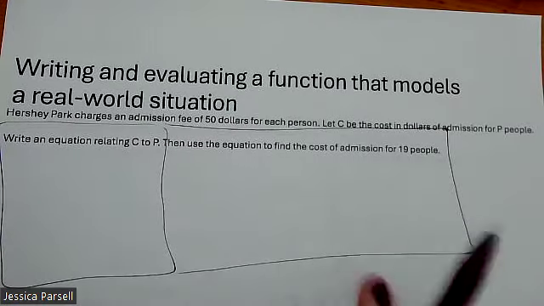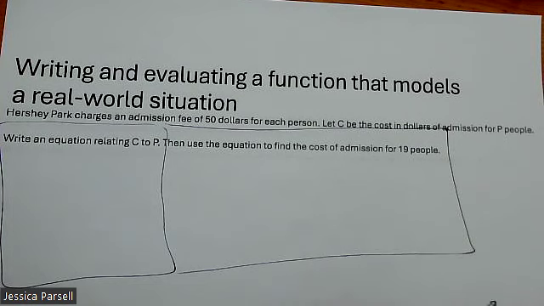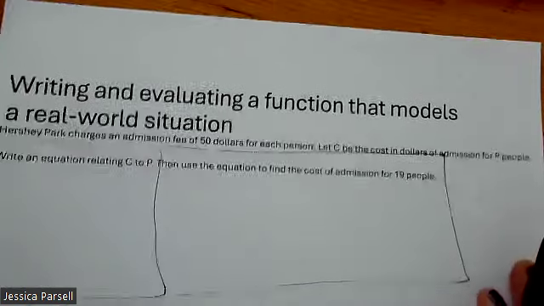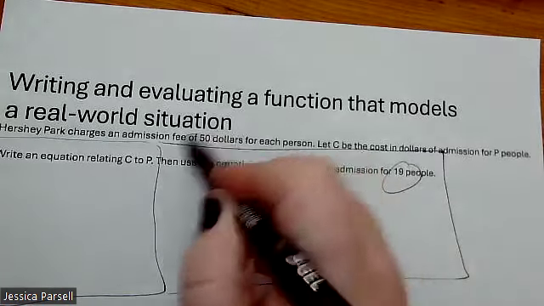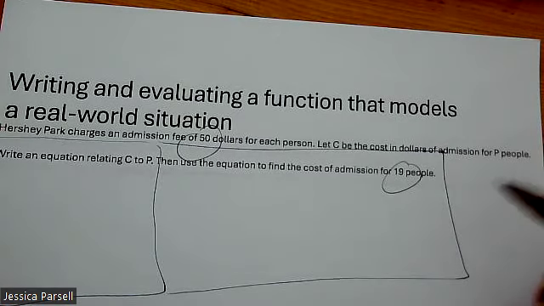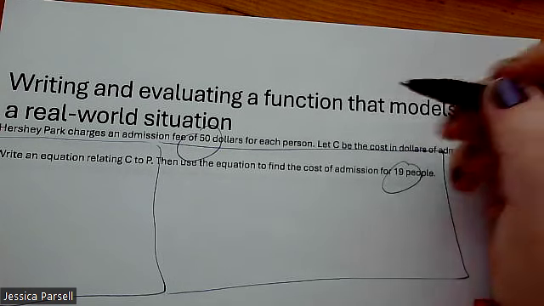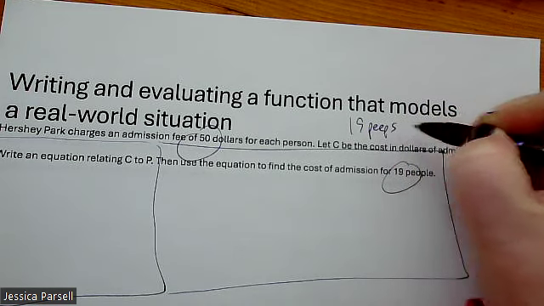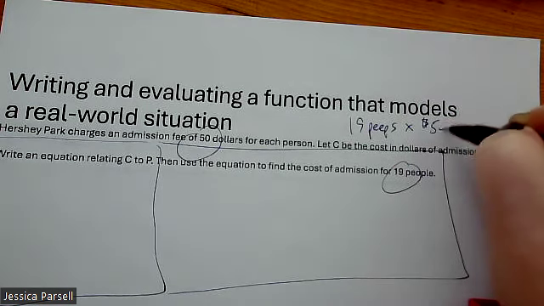So don't get caught up in all of this. Just pretend, let's say you were going to Hershey Park and you're taking your friends from church with you. Okay, so there's 19 people going, and it's $50 to go to Hershey Park. What would you do to figure out how much money you need to bring? So I know that you would take 19 people, 19 peeps, and you would multiply them by $50.